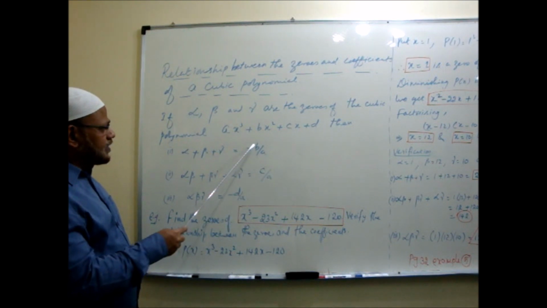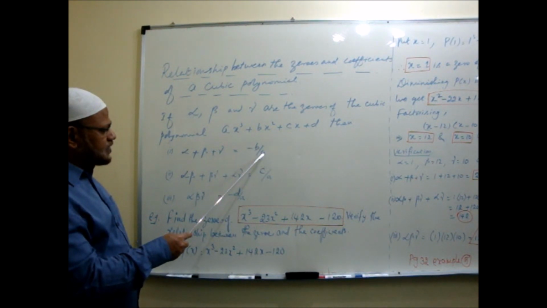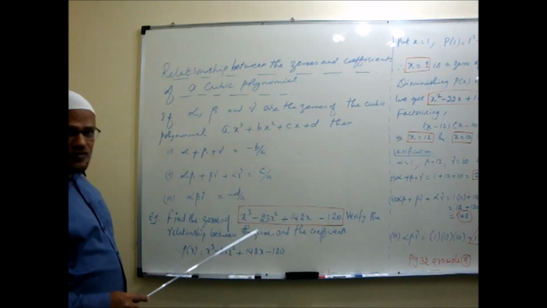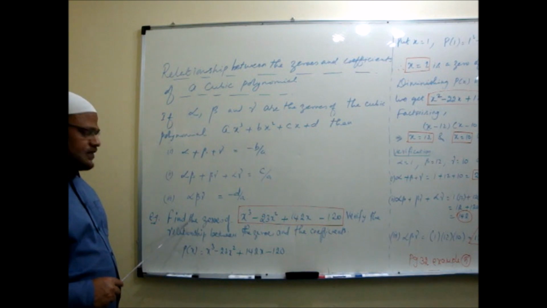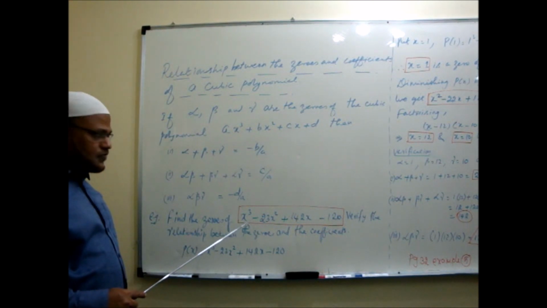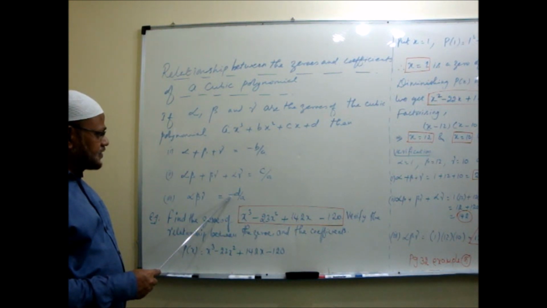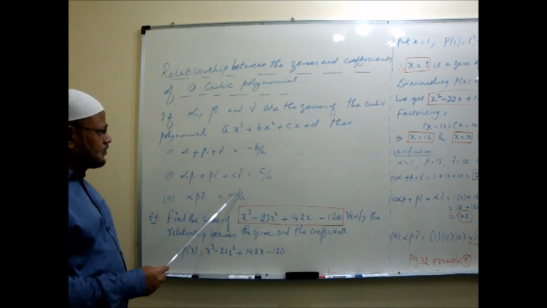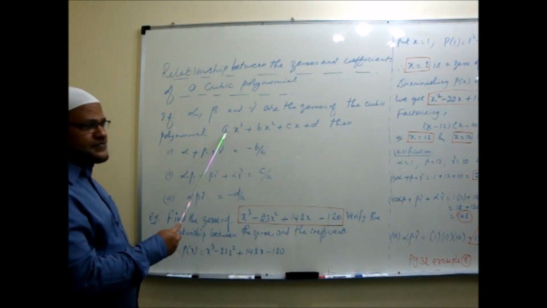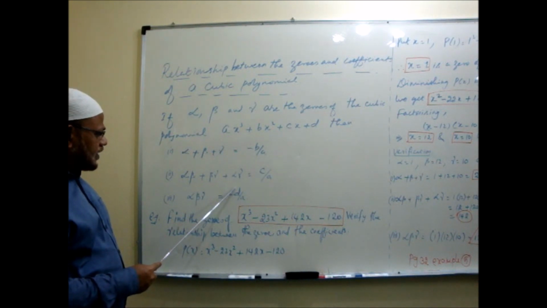The third one, alpha into beta into gamma, the product of the 3 zeros, will be the same as negative of d by a. We take d as the constant term, a is the x cube coefficient. So minus d by a.